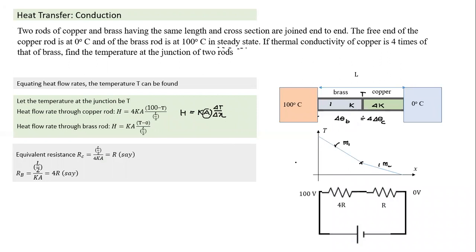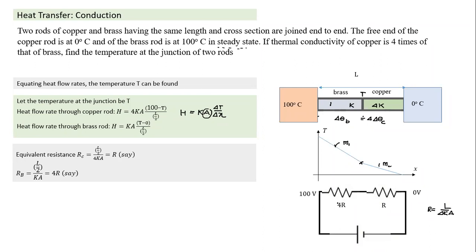I could have done it in the form of an equivalent current electricity circuit also. If this resistance is R, equal to L by Ka, then this resistance, with K/4, becomes 4R. Basically, I take the smaller resistance as R, and this resistance will be more because K is smaller.